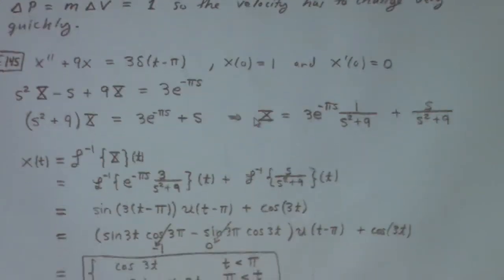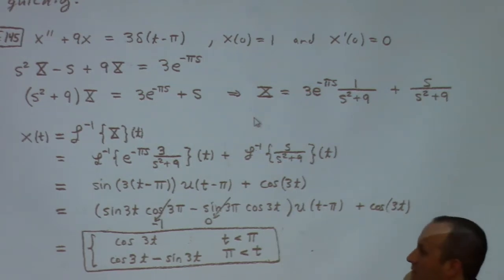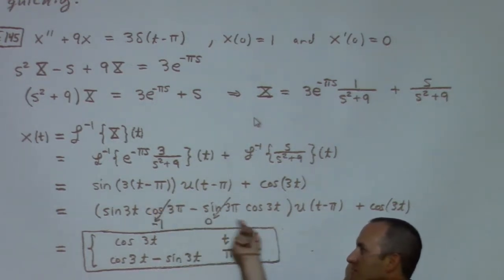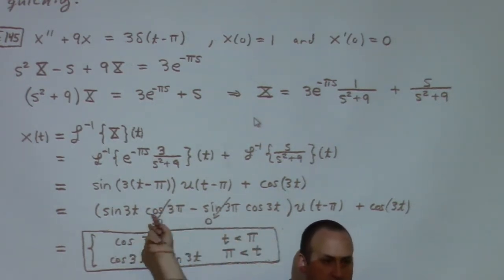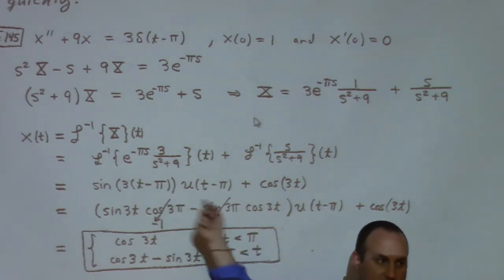Let me see if I can find one. Yeah, here's one. So here I hit with a hammer, impulse 3 at time pi. See, Landon, this was the trigonometry I was talking about that was hidden in the details of the example I didn't go through. There's a lot to do there. Depending on how weak you are on the adding angle stuff, there's a lot to learn there.